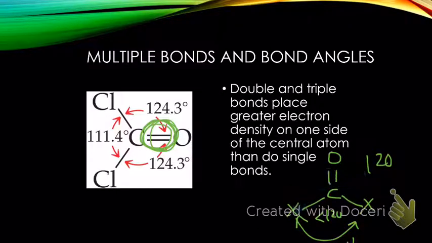And so it's going to make that one a little less than 120, and this angle here is going to be just a little greater than 120. And same thing here, this angle is going to be a little greater than 120.